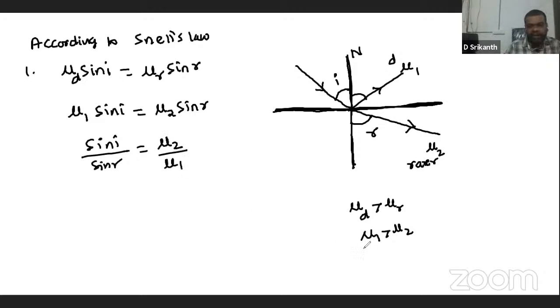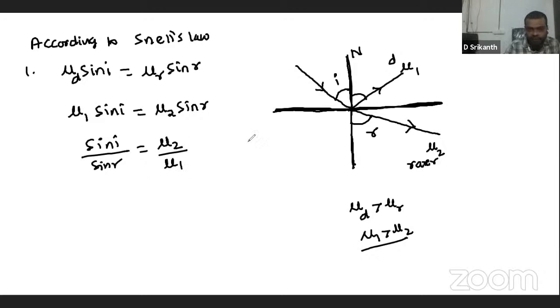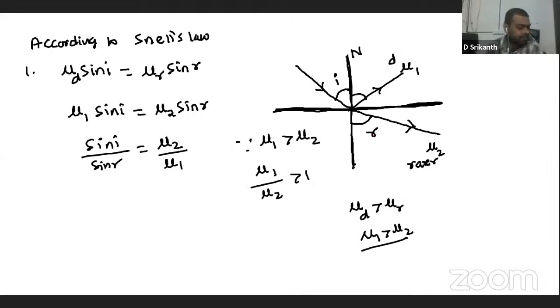Since we know that mu1 is greater than mu2, what will be the value of mu2 by mu1? Since mu1 by mu2 is greater than 1, right?